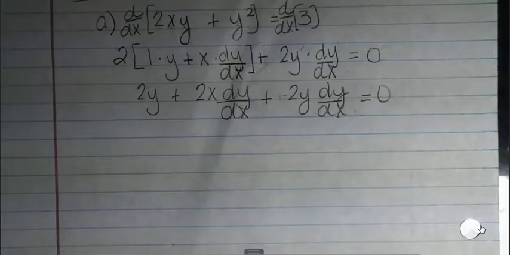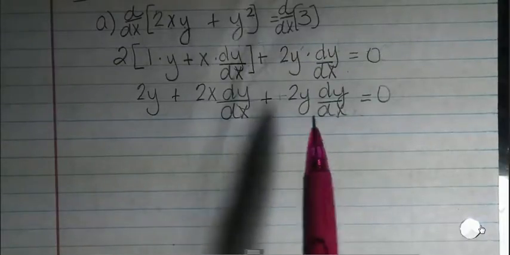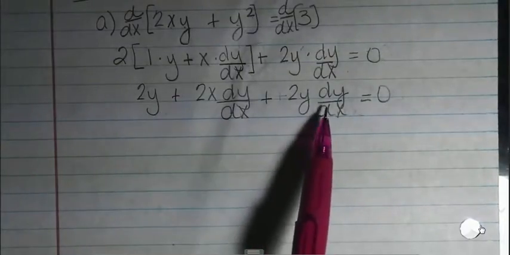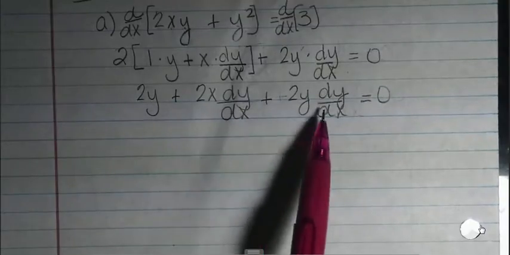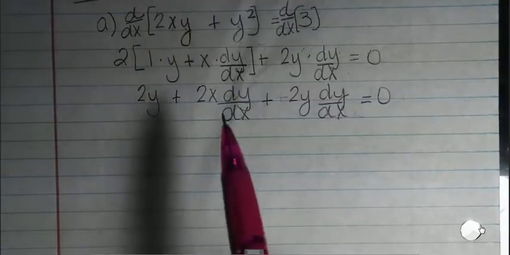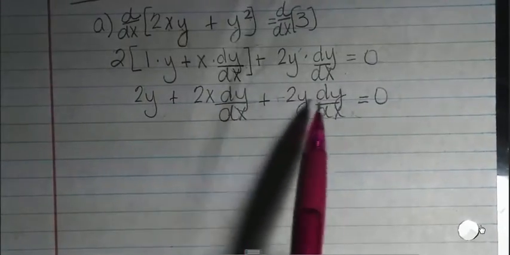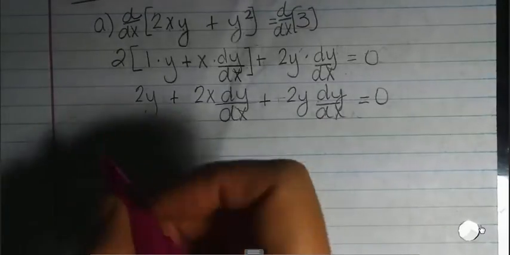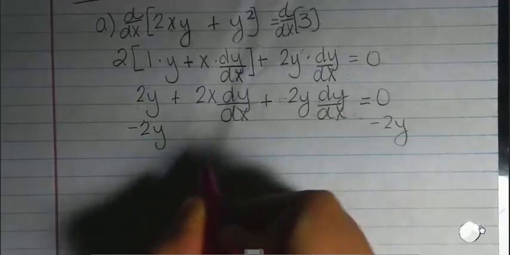Now I'm at the point where I need to follow step 3, and that's where I solve for dy/dx, which means I need to get dy/dx all by itself on one side. Out of my 3 terms, I have 2 with a dy/dx. So I'm going to get rid of that third term that does not have a dy/dx and put that on the other side.